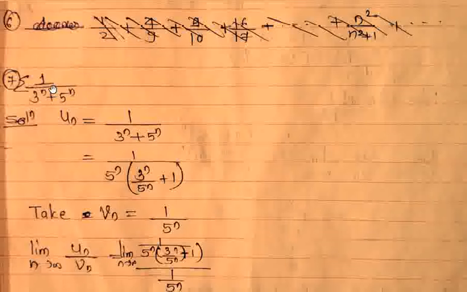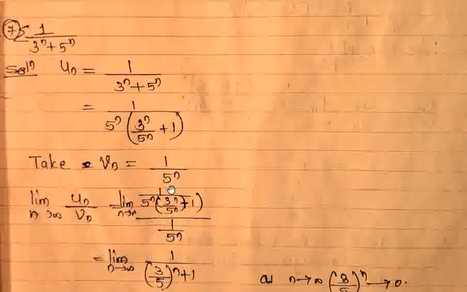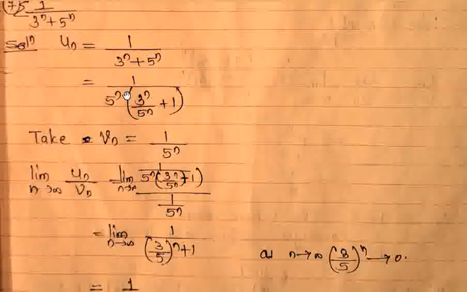Question 7. So un is going to be 1 by 3 to the n, 5 to the n, which is the same here. Taking out the 5 to the n, you get this, because this cancels out and this multiplies here.